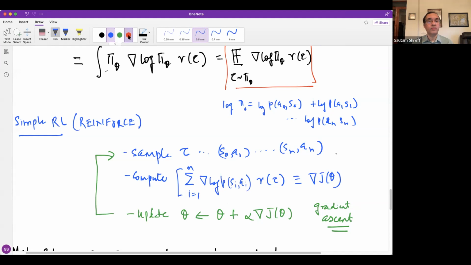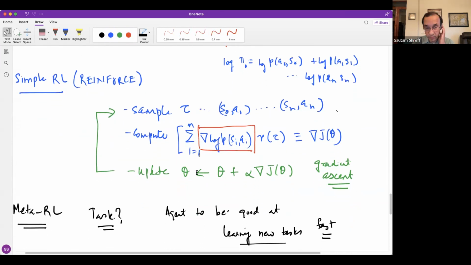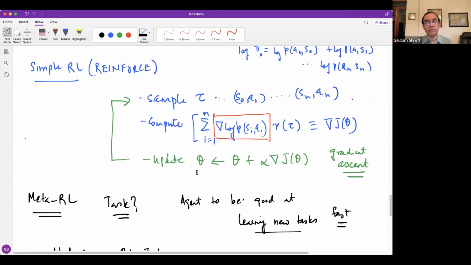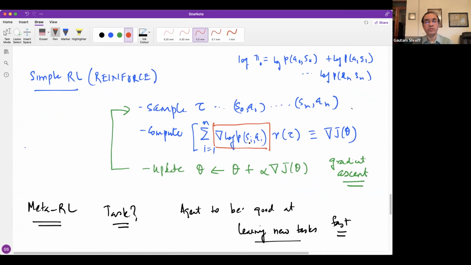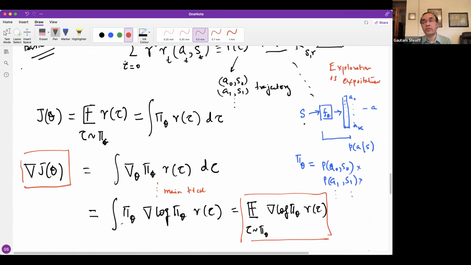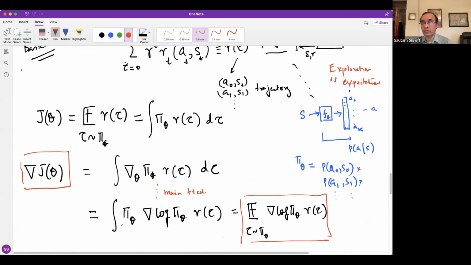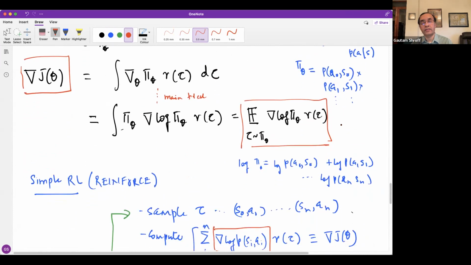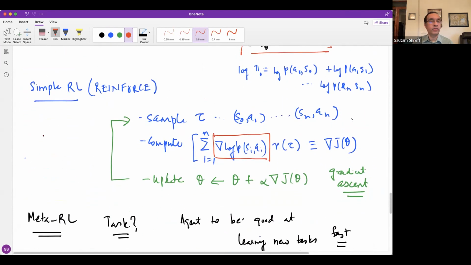How do you compute this? Come on, guys. Those of you who've done neural networks, how do you compute this? There's a neural network which, given a state, produces a bunch of probabilities for each action. Typically, the neural network will take your state and push it through a bunch of layers.